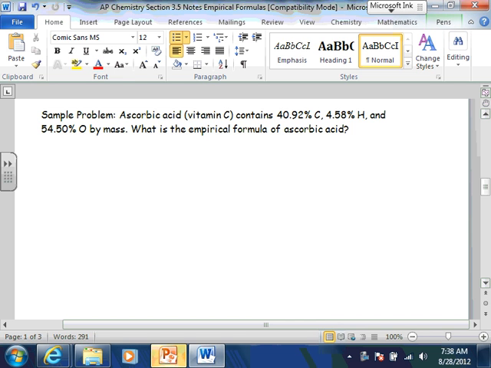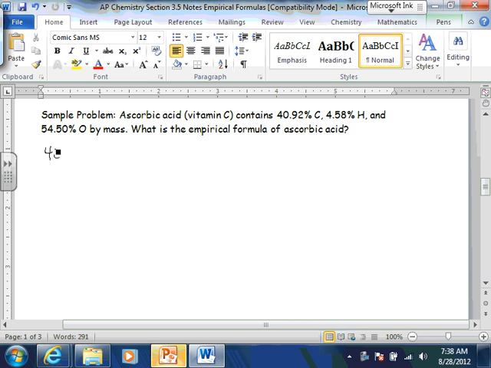All you have to do is change these to masses from the percent: 40.92 grams of carbon, 4.58 grams of hydrogen, and 54.50 grams of oxygen. Okay?